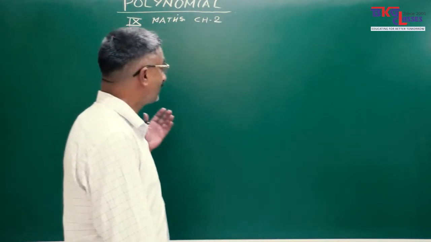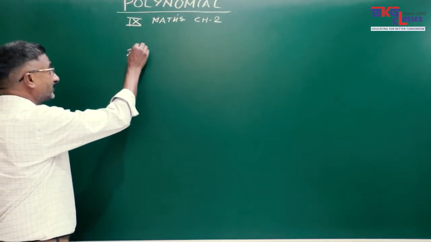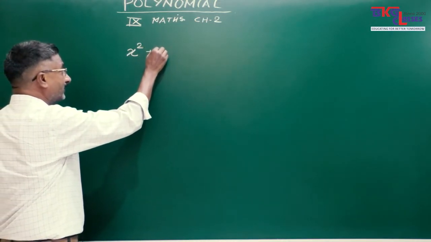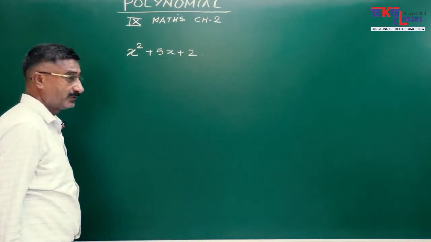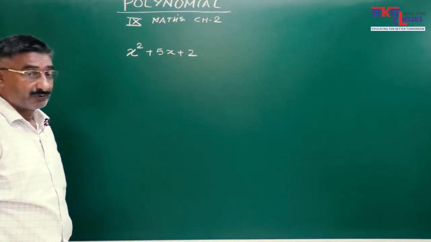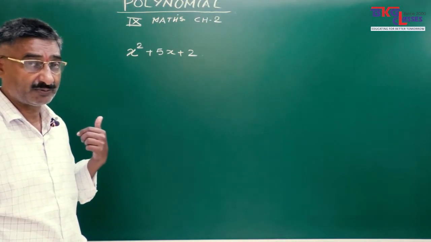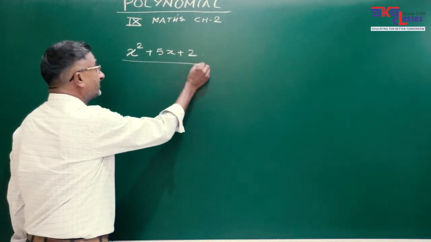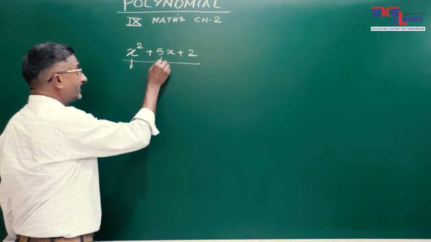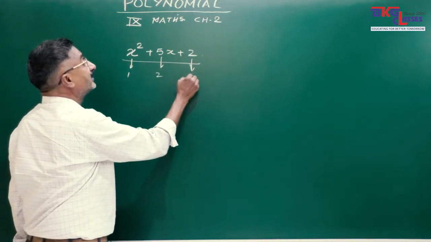Now I am going to write down one equation: x square plus 5x plus 2. Clear? This is a polynomial equation. Now, how many terms are there? 1, 2 and 3. 3 terms.